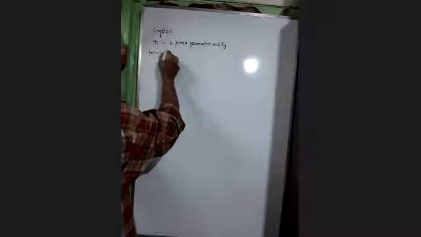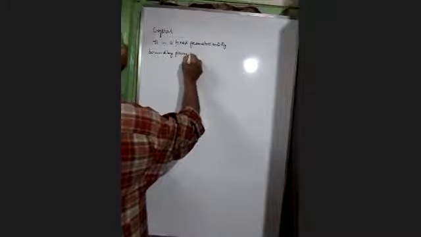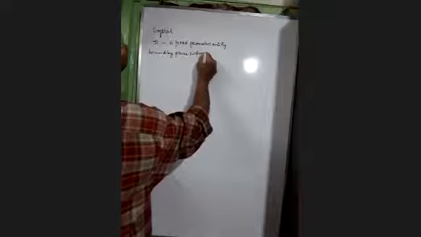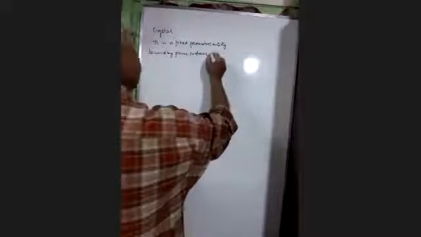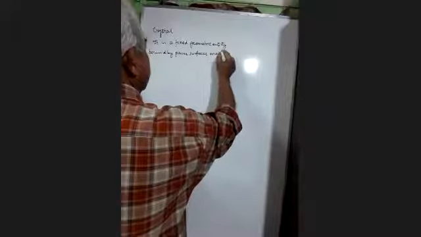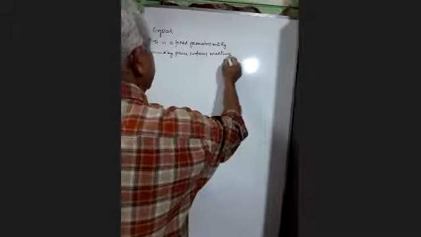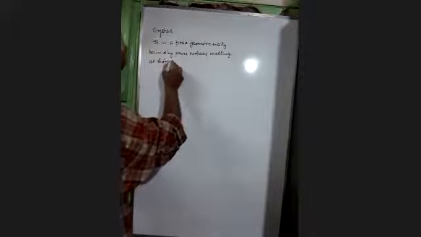It is a fixed geometric entity bound by plane surfaces meeting at sharp edges. This is with a simple language, I did not borrow from the book. This is the way we see a crystal.